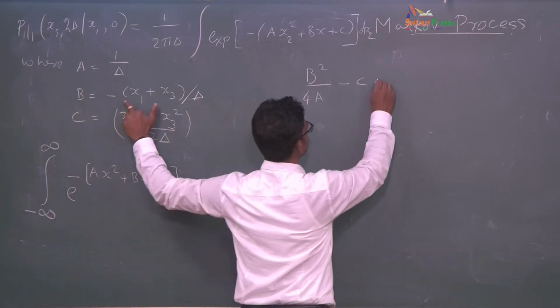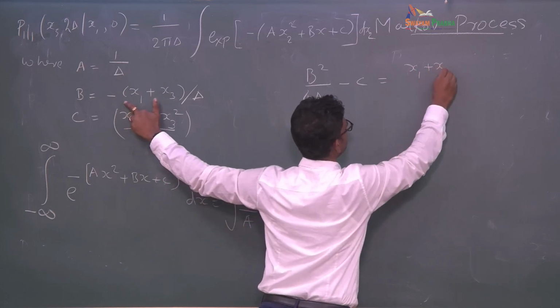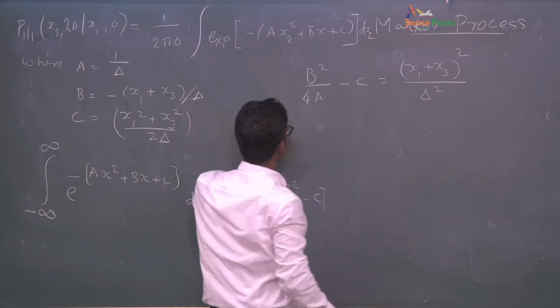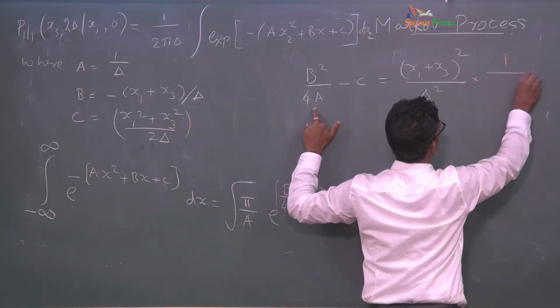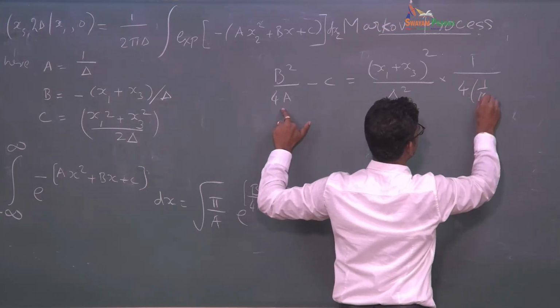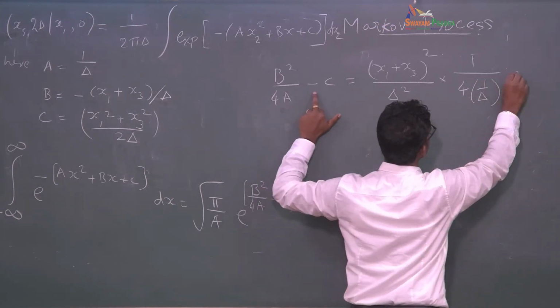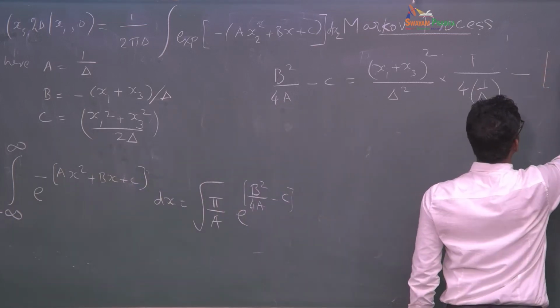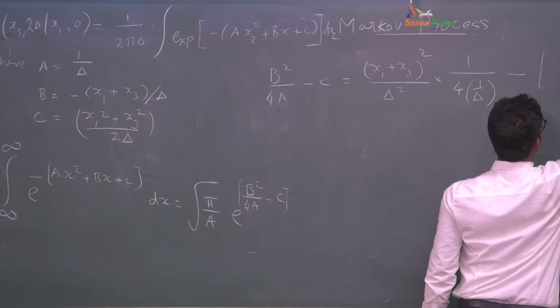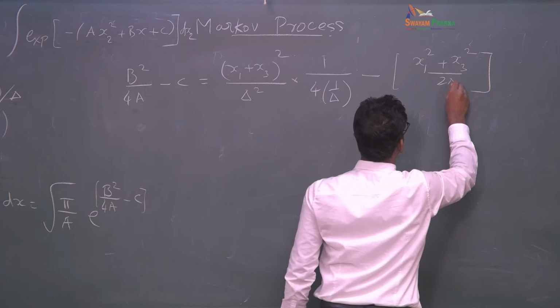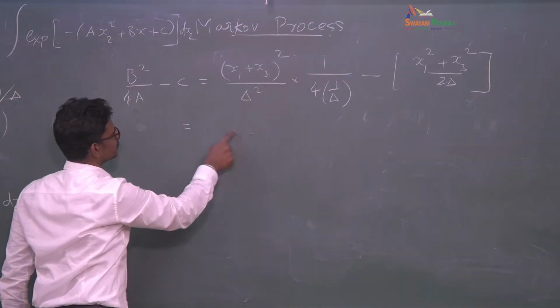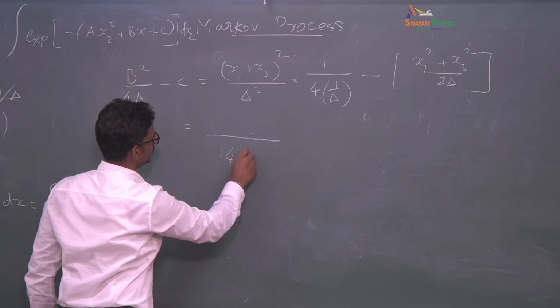So b square is (x1 plus x3) whole squared by delta square, that is b square, 1 by 4a is 1 by 4 times delta, minus c, that is this. So this delta goes up and cancels by 1, so you have only 4 delta in the denominator.